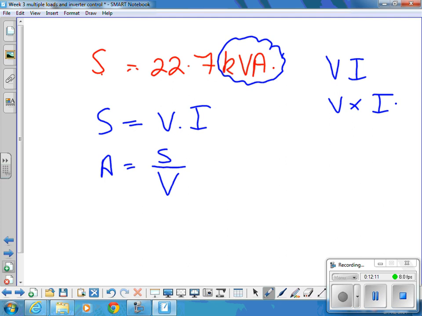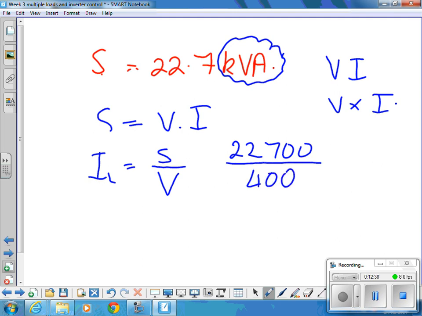Alright. So the current, the line current, IL, always comes from S. It's a complex current, isn't it? It's got a real and imaginary part, but it's 22700 over the 400 volts.